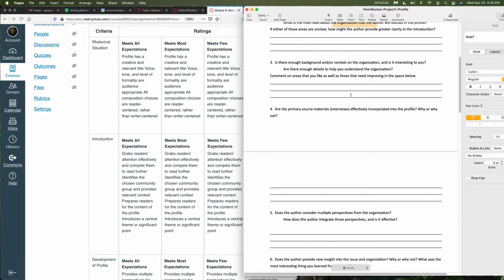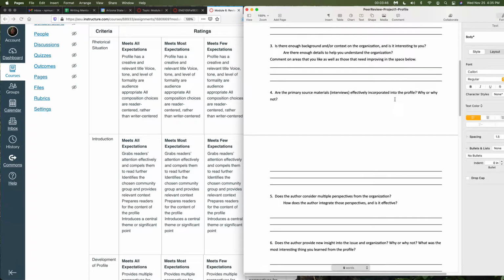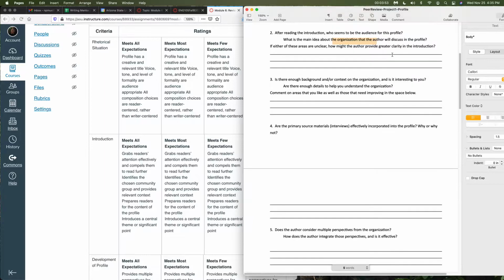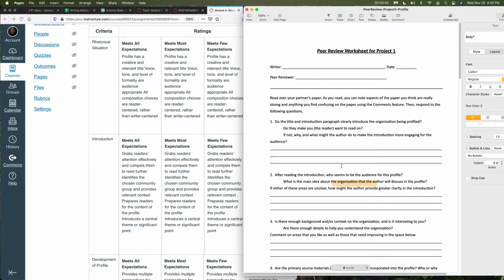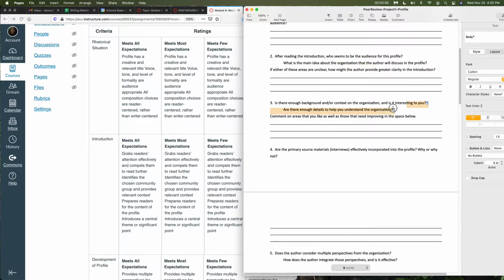Is there enough background and context on the organization, and is it interesting to you? Are there enough details to help you understand the organization? And sometimes this is moving on to the later part of the paper, I think.